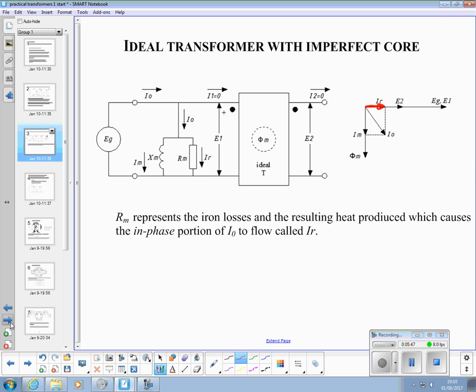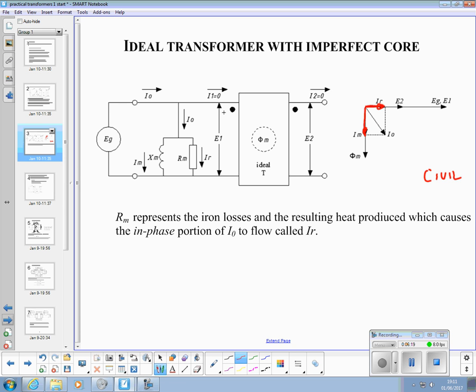The resistor current is in phase with it. Then we've got the current Im flowing through an inductor. There it is, 90 degrees out of phase. See, ELI the ICE man, inductor current lags the voltage.